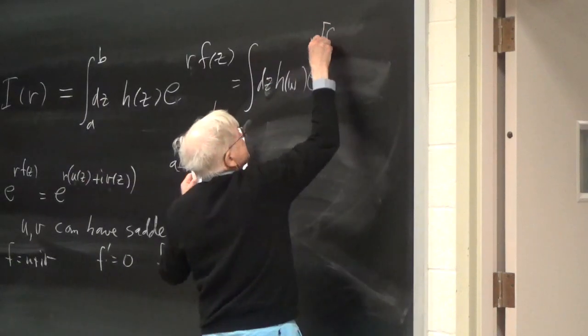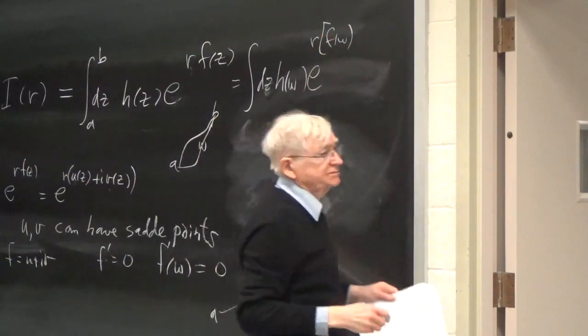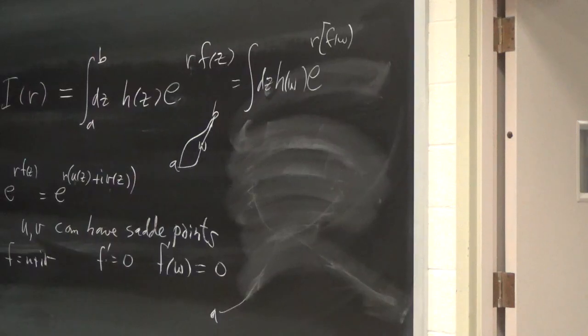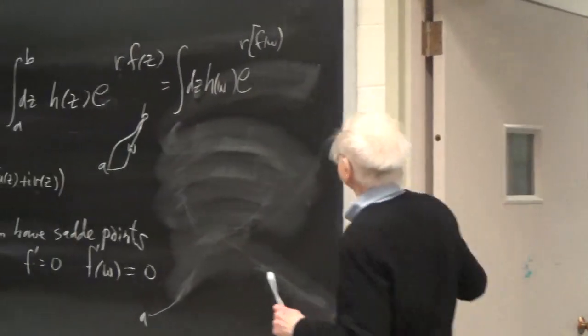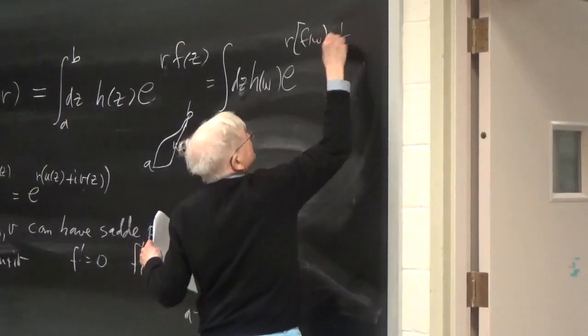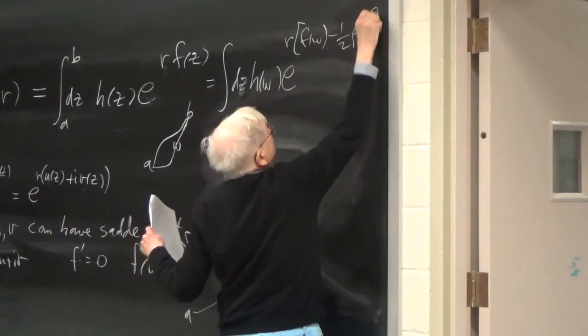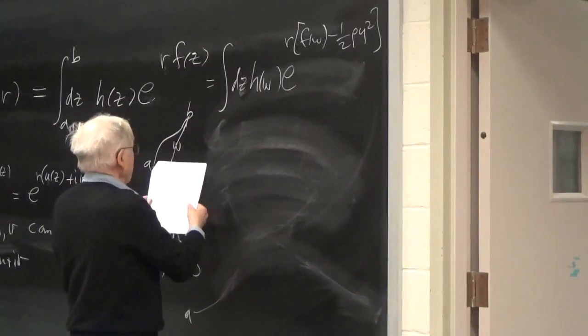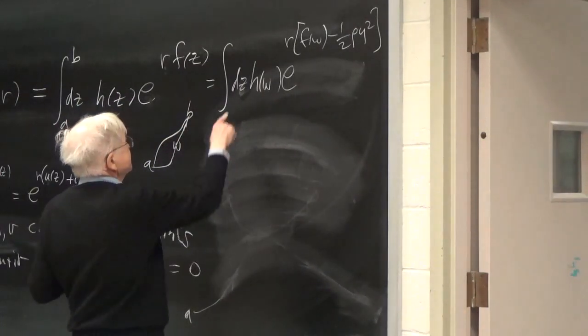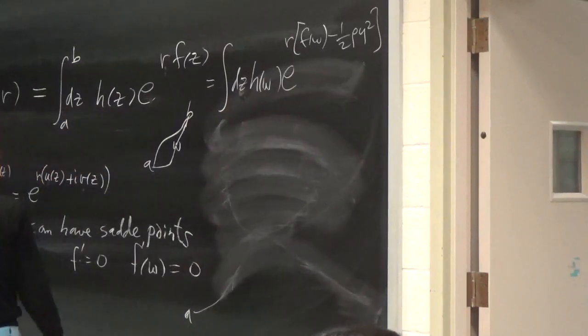Well, f of z is f of w, and the rest of that is minus a half rho y squared. And in fact, this dz, well, what's z?